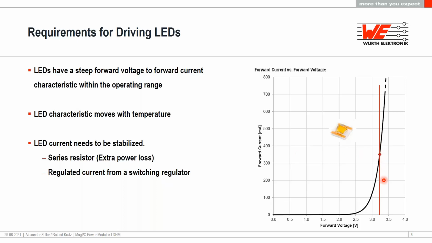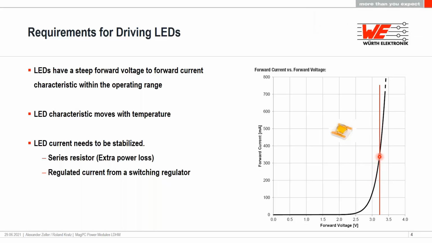The problem here is if you apply a DC voltage of 3.2 volts and you change this voltage within a small area, you decrease it, you increase it in a small area, you will move this operating point in a much larger range.